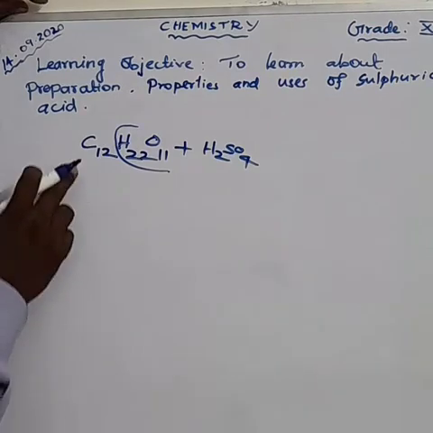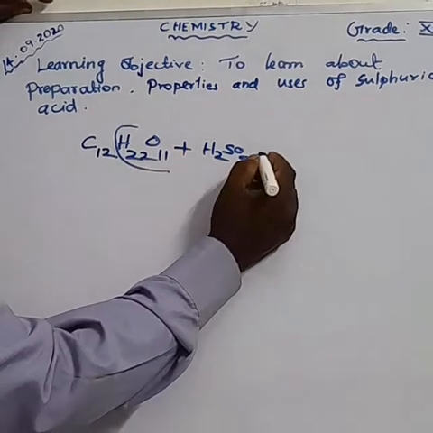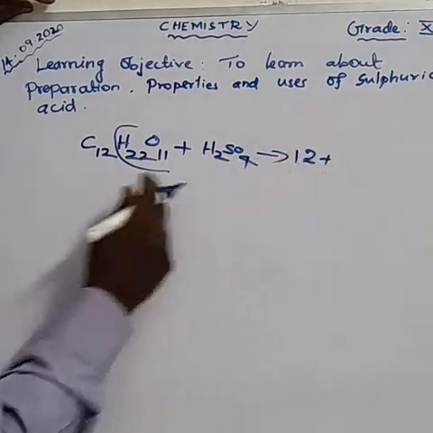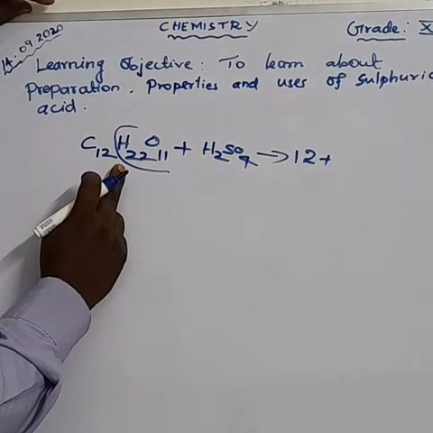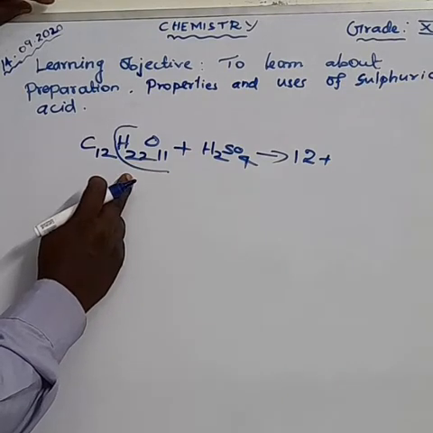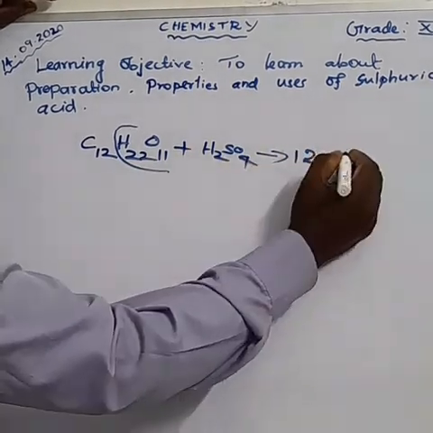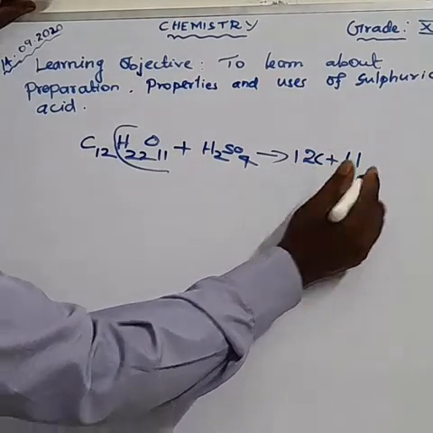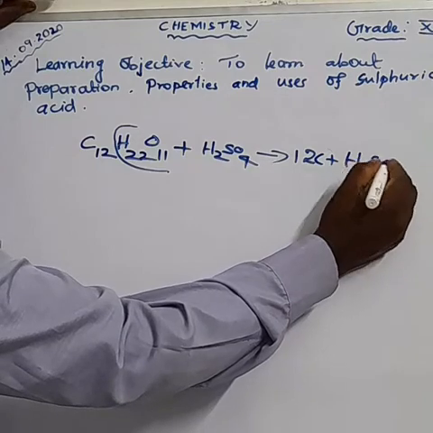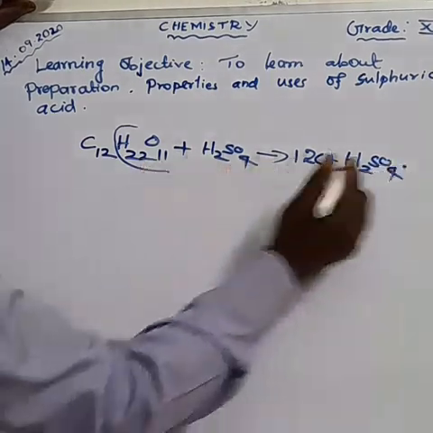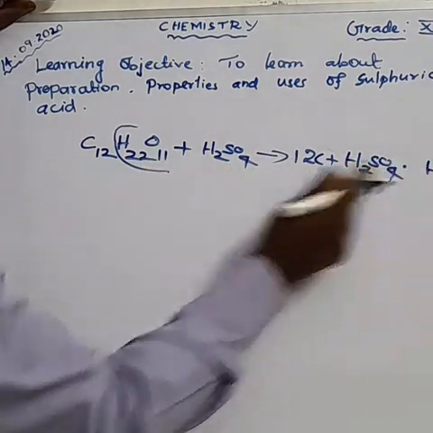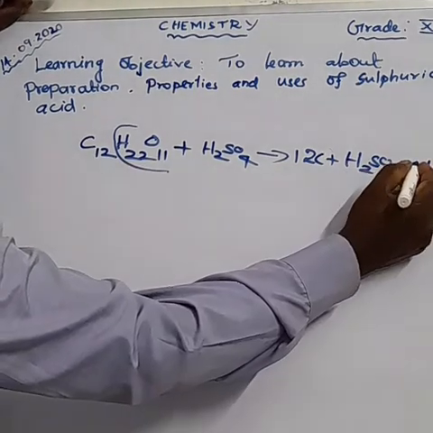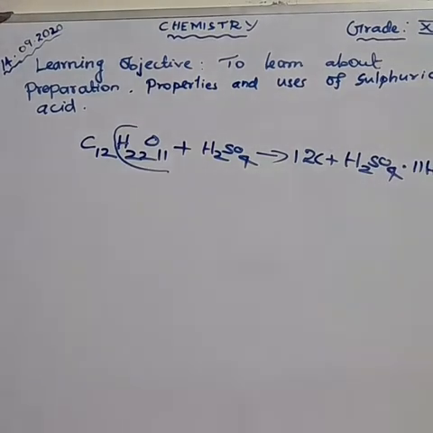So what is the product? Here carbon is left behind: 12 carbon, plus H2SO4 with 11 water. Now the equation is balanced.